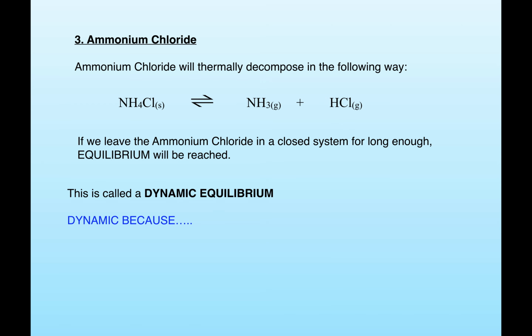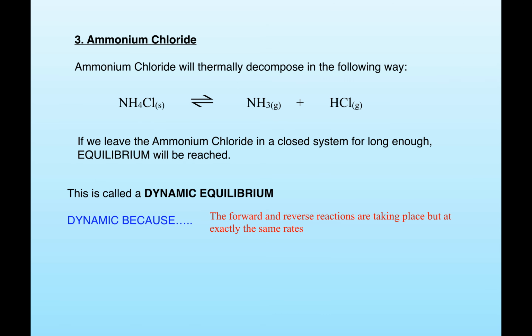It's a dynamic equilibrium. All of these equilibria are dynamic equilibria. Why is it dynamic? It's dynamic because at the same time as the ammonium chloride is breaking up to make ammonia and hydrogen chloride gas, these two products are coming back together to make the ammonium chloride. So there's a constant forward reaction and reverse reaction.